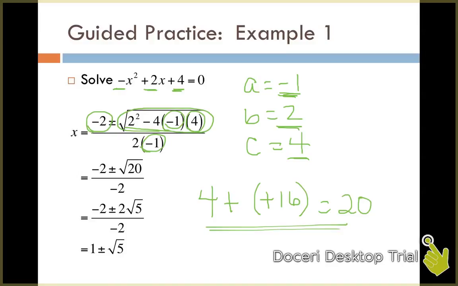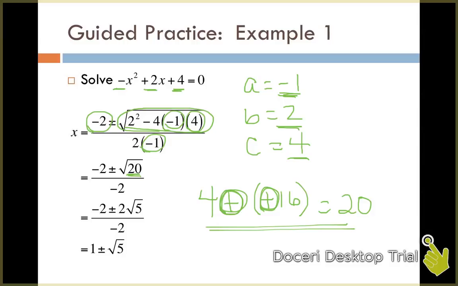This is where most students make their mistake, is they get mixed up between the minus that's here and any negative that ends up with their multiplication. They don't keep that straight. They're not careful enough with that. You really need to pay attention to that because it makes a huge difference in the kind of answer you get. So the 4 minus a negative 16 becomes 20.